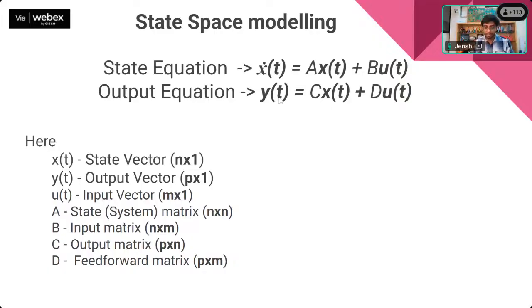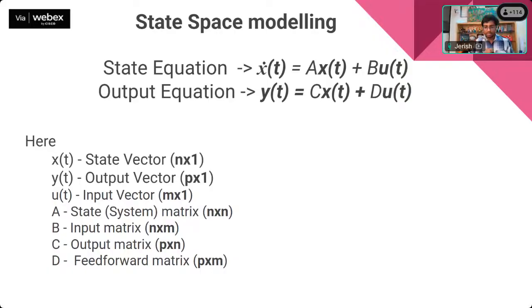Okay, and the output equation. y is your output. How your output varies with respect to your state is mapped by the matrix called C, and how the input directly varies with respect to the output, how the input is affecting the output, is mapped by D. In most cases there is no direct link between your input and the output.